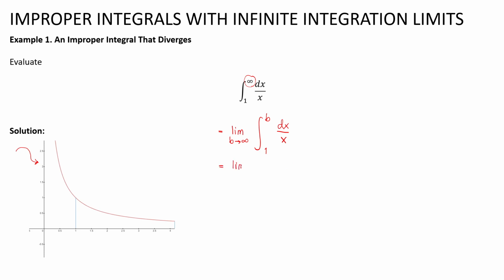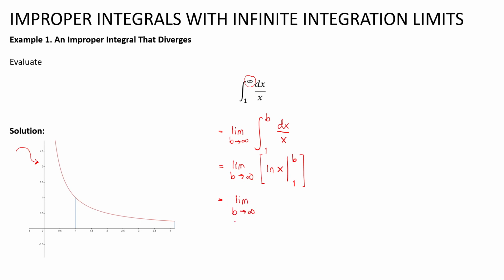So the limit as b approaches infinity. The integral of dx over x is just ln of x, and that will be from 1 to b. Then applying the limits of integration using the second fundamental theorem of calculus, this becomes the limit as b approaches infinity.